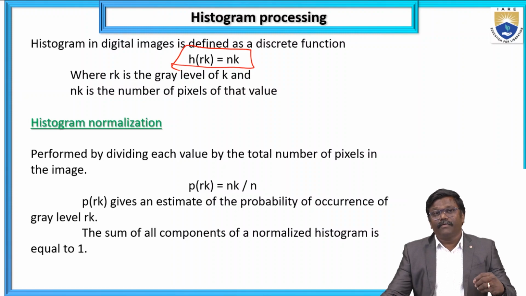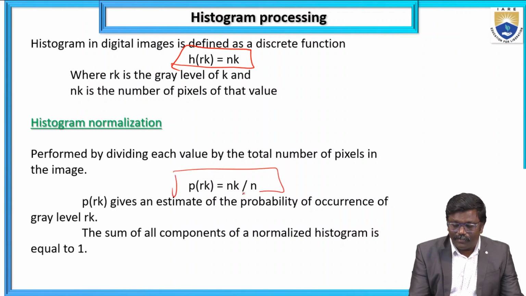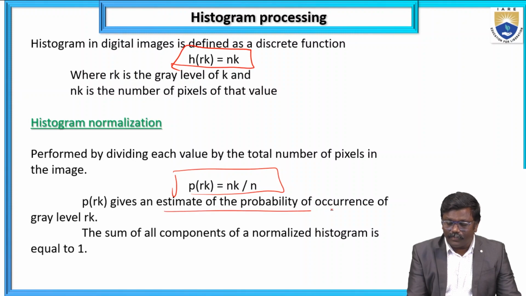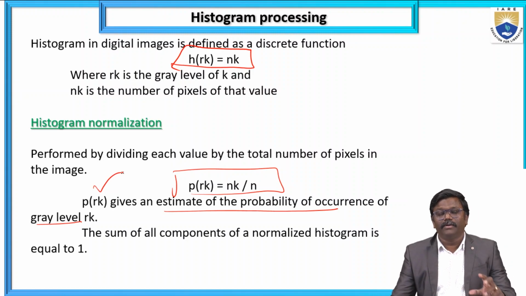That means, performed by dividing each value by the total number of pixels in the image, we simply get the probability p(rk), that is, for gray level rk we get nk by n. So what is your estimate of the probability of occurrence of a particular gray level rk? It is p(rk), the probability value.